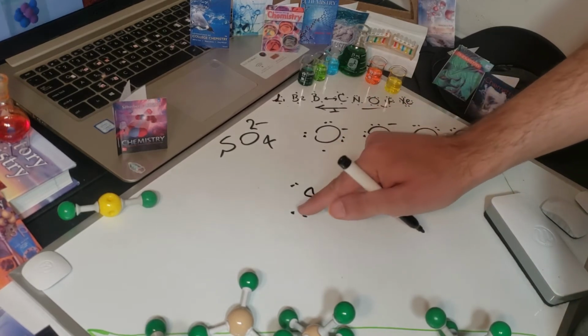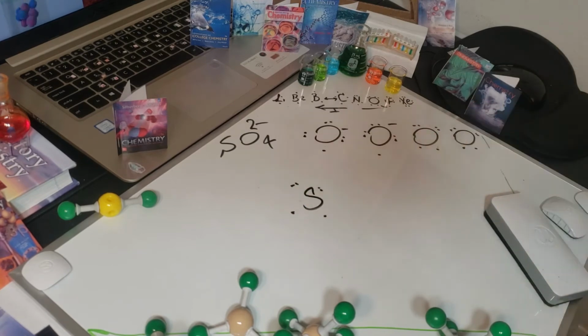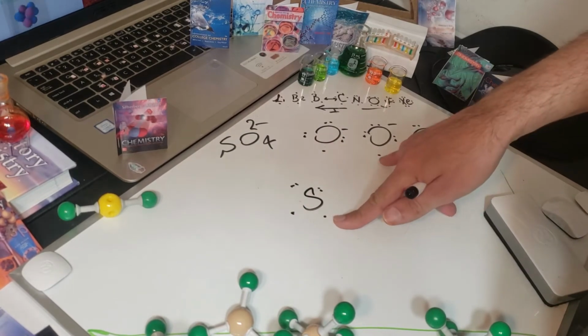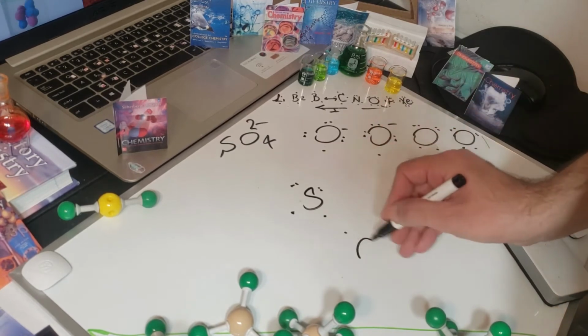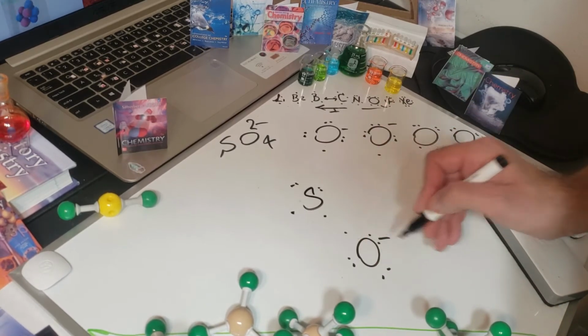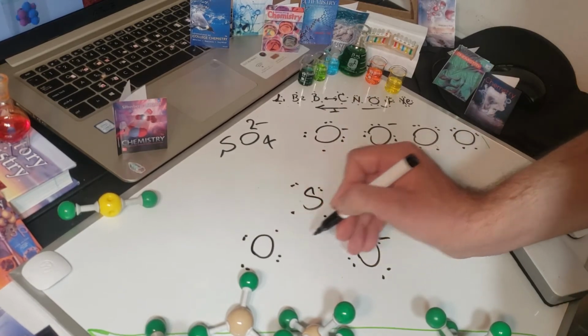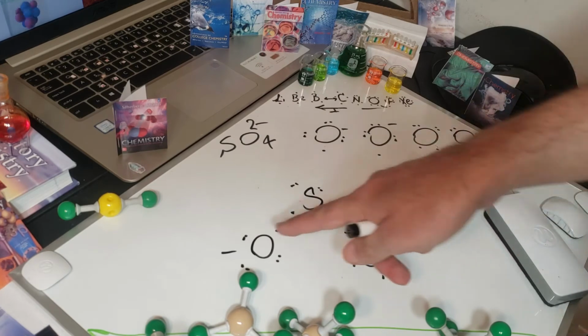The sulfur has two single unpaired electrons, and I could satisfy one with the oxygen negative. That satisfies my oxygen negative. If I do the second one, it would not only satisfy my sulfur, but also this oxygen negative as well.